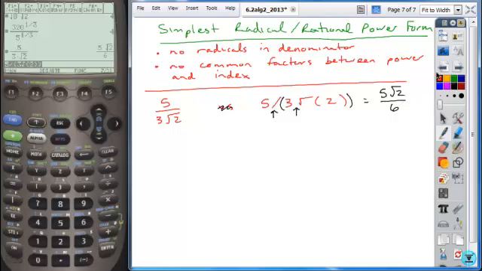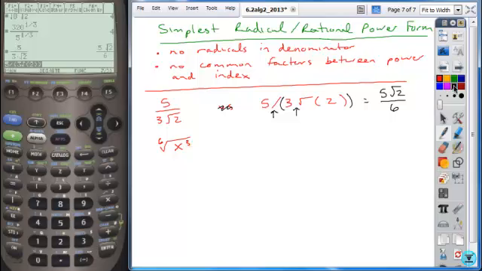The other rule that's touched on here is no common factors between the power and the index. In the form of a radical, what that means is, if you had something like the 6th root of x cubed, here our power of 3 and our index of 6 have a common factor, so it's not simplified completely.